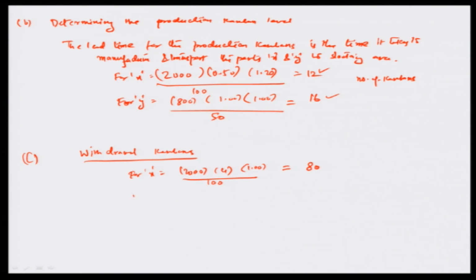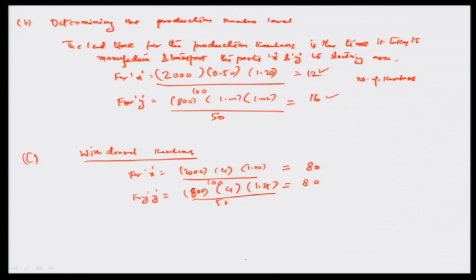So this becomes 80, and similarly for Y, again it's 800 units per day demand, and then a 4-day lead time, and a policy variable of 1.25, divided by 50, which is also again 80.